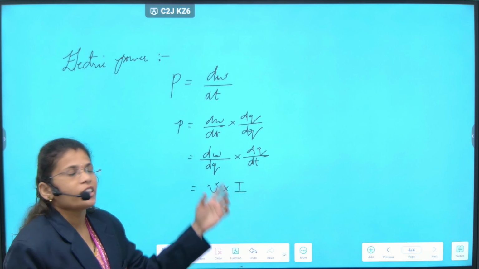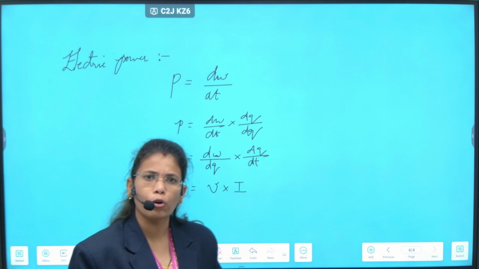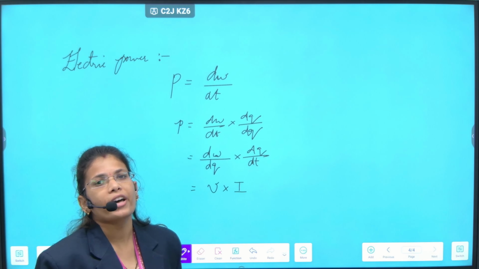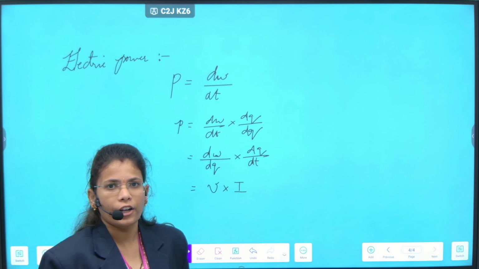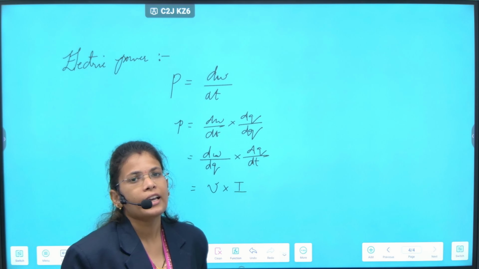So P equals V into I. The electric power can also be defined as the product of voltage and current, or work done per unit time, or the rate of electric work done in an electric circuit.